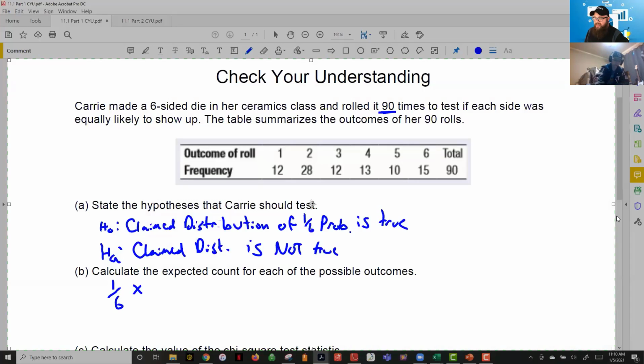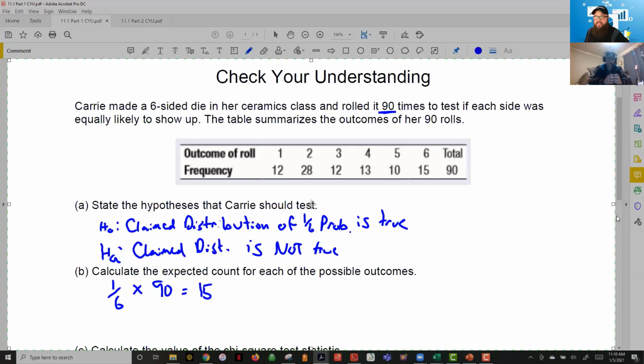To get your expected counts, you take the probability times the sample size. So 1/6 times 90 should equal 15.